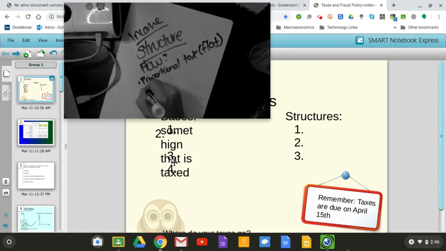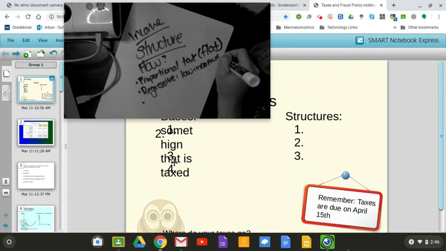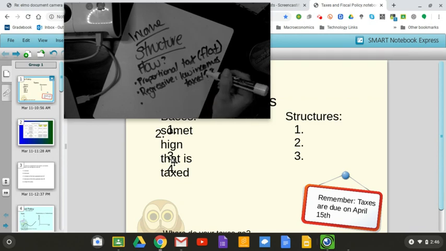There's regressive, which is kind of backwards. Regressive means that if you have low incomes, poor people, low incomes get taxed a higher percentage. They get taxed more. That just seems a little backwards. And then high incomes would be taxed less.